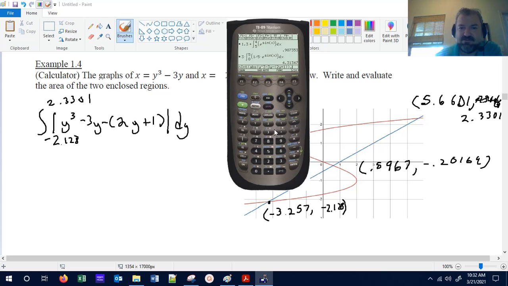Now, comma, I need to give it the y value, because we are going to be integrating with respect to y. Then I need to give it the lower bound, negative 2.128, comma, the upper bound, 2.3301. And I close that off. And here we go.